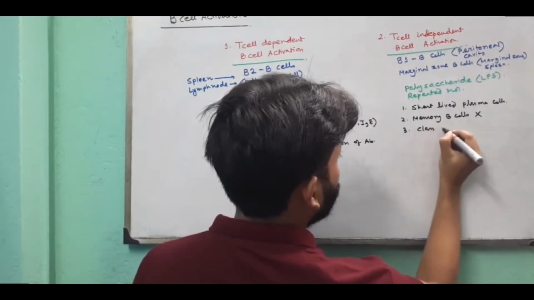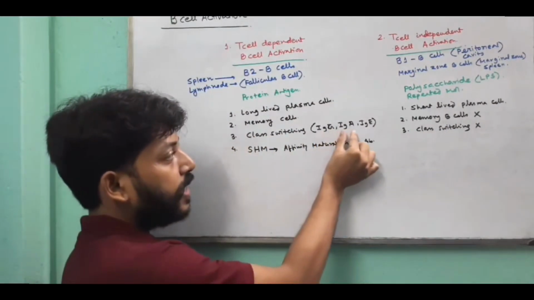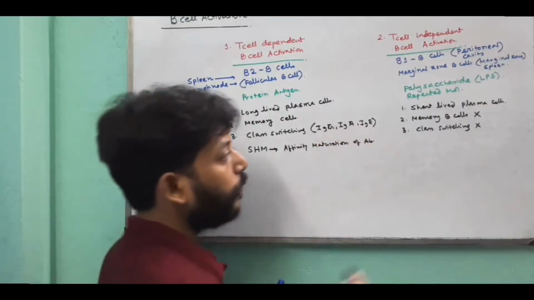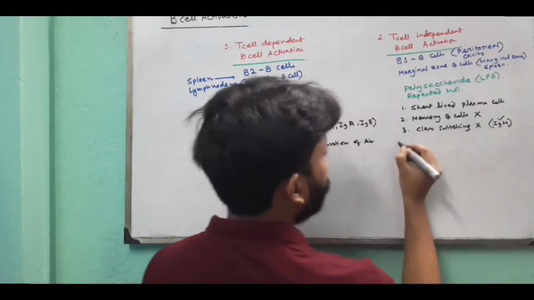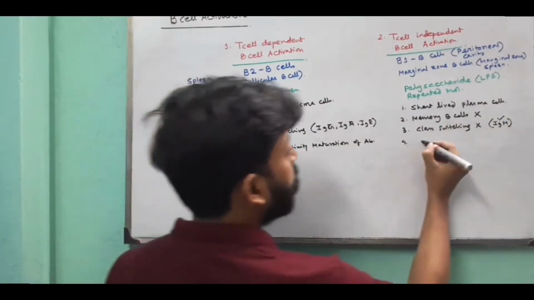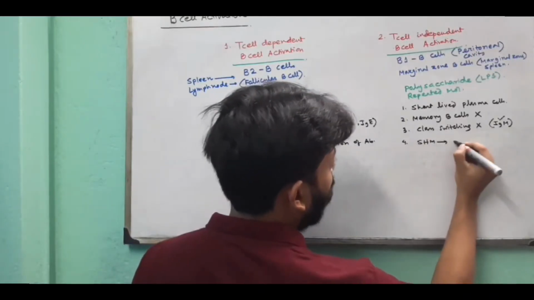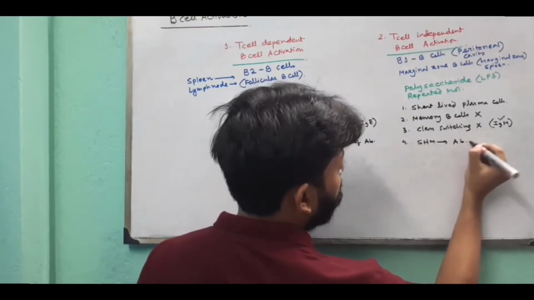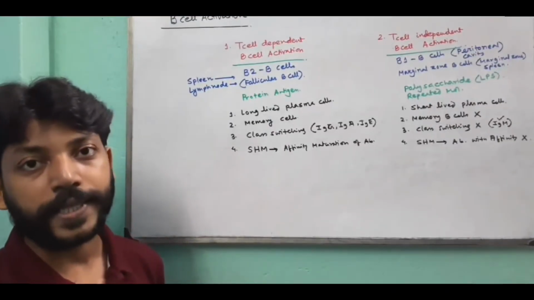Class switching does not occur, so they cannot produce IgG, IgA, IgE. They can only produce IgM antibody, so there is a limitation. They also do not go through somatic hypermutation, so they do not produce antibody with high affinity. This shows how important T cells are for B cell activation.